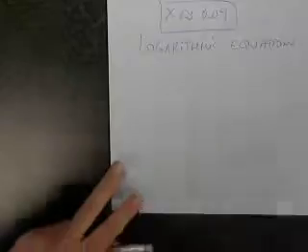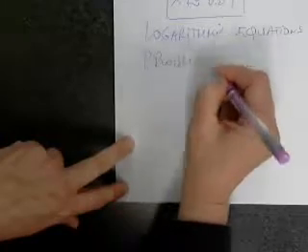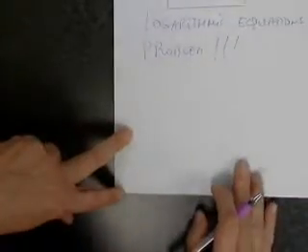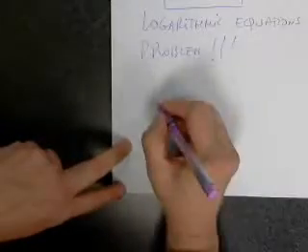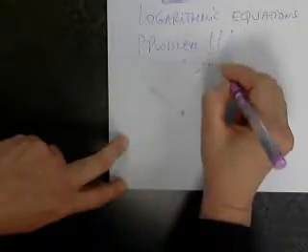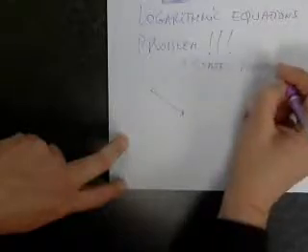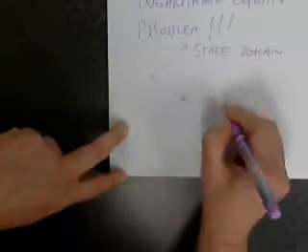Okay? Very good. Now, logarithmic equations have a problem, because the log function is not a friendly function. So I recommend 2 methods. You choose the one you like. You state the domain, I'll show you in a moment, or check.